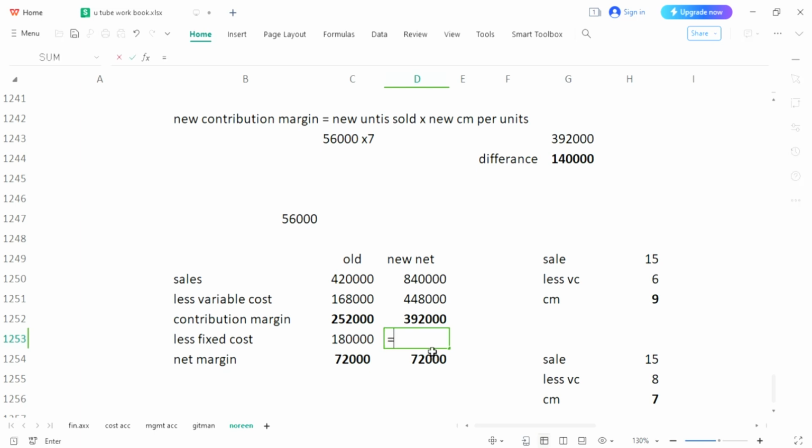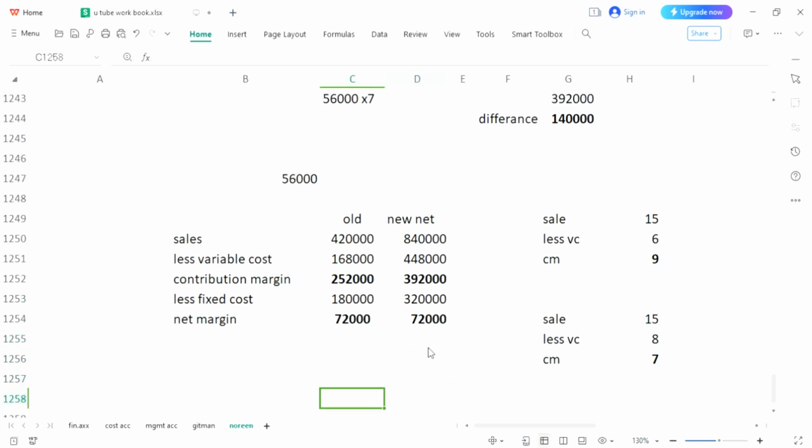So let's calculate the difference between these two amounts, with which we will be able to know how much the new fixed cost is. So here is 392,000 and 72,000. We will subtract to calculate the difference, so we have got the new fixed cost. Now it's time to see how much change has been made.